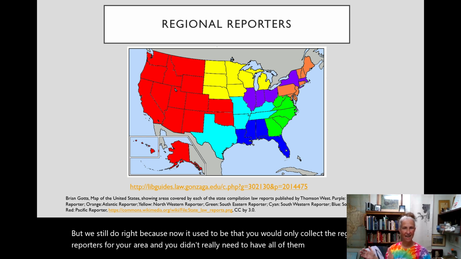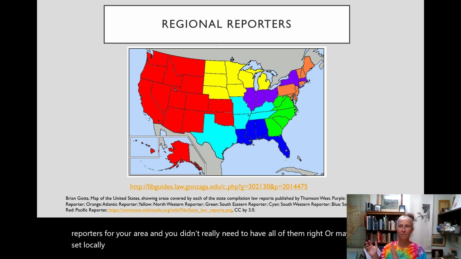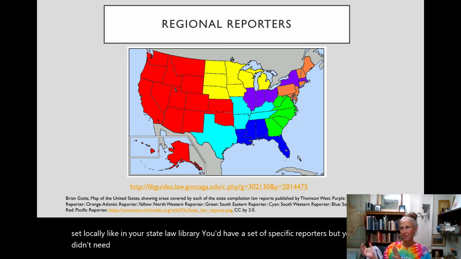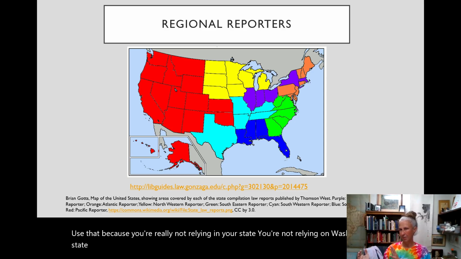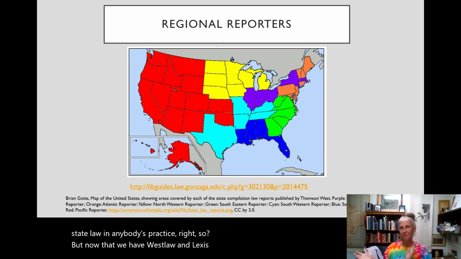Or maybe just one set locally, like in your state law library, you'd have a set of Pacific reporters, but you really didn't need to use that because you're really not relying on Washington state law in anybody's practice, right? But now that we have Westlaw and Lexis, we just have access to everything.